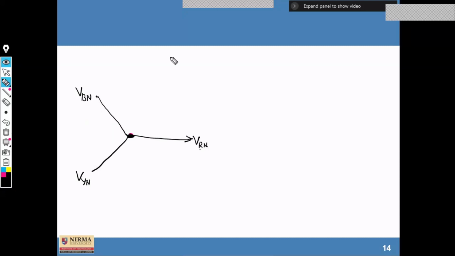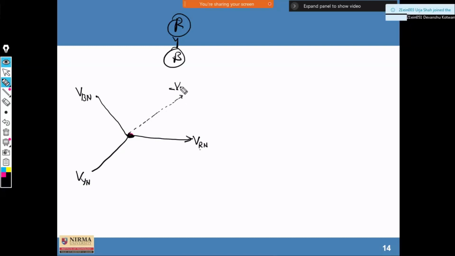Now if we connect R and B, we will consider only R and B. Here, if we extend this vector in the opposite direction, then this is minus VYN. Agreed? Similarly, if we extend this vector in the negative direction, the resultant one is your line voltage.